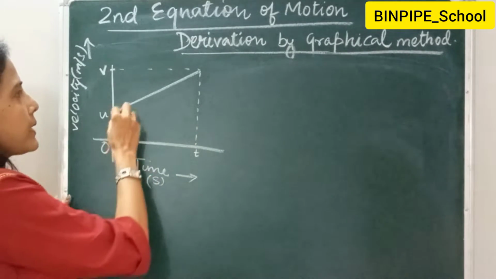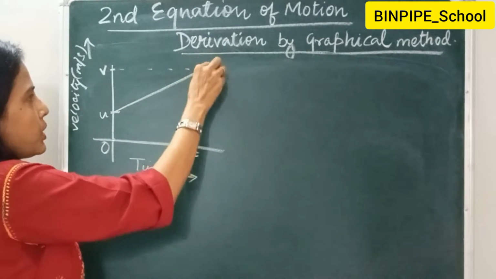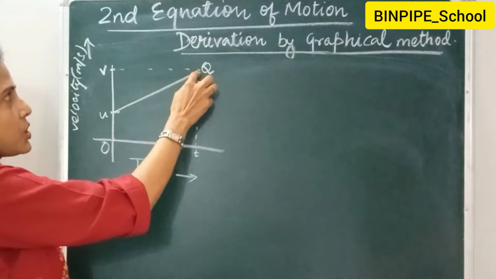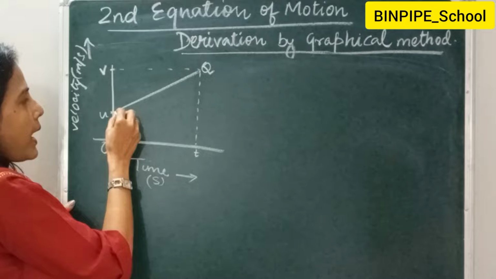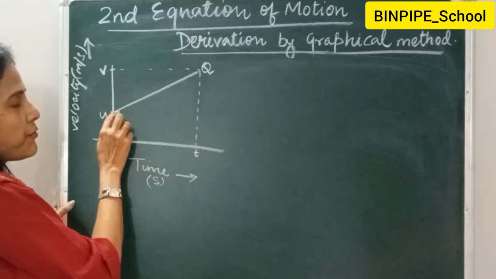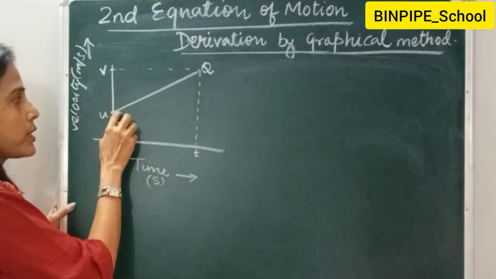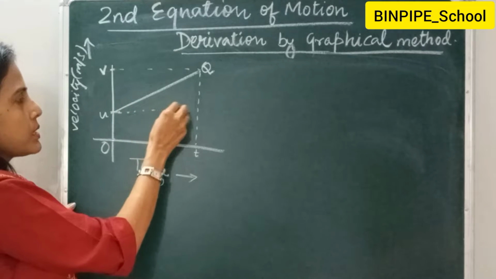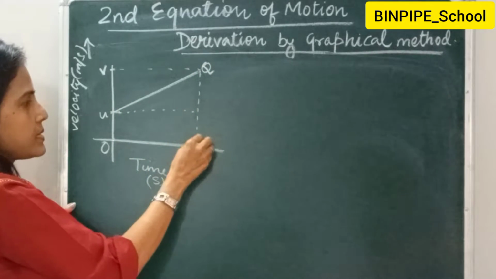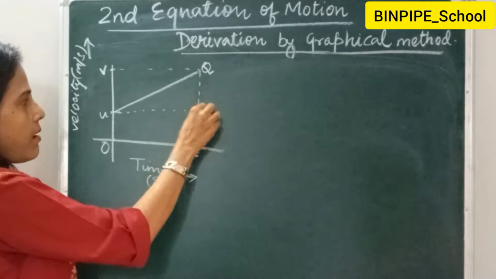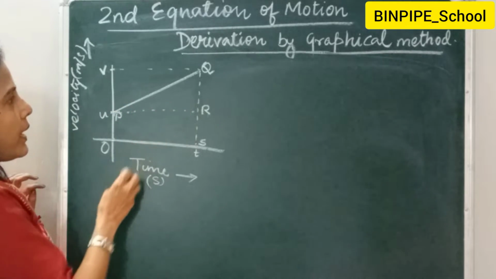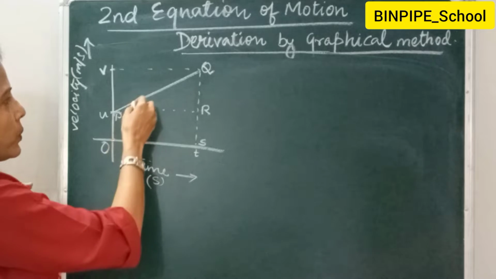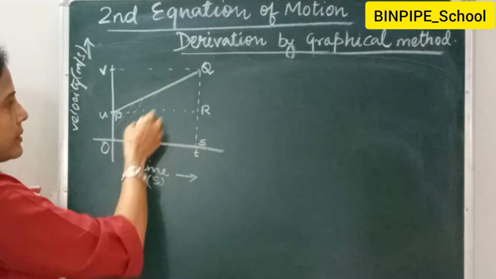Okay, and let's name it as Q, the point where it reaches the final velocity, and we drop a perpendicular from the initial velocity point on this line QS and name it as P. Okay. Now here what we get? We get an area, isn't it?